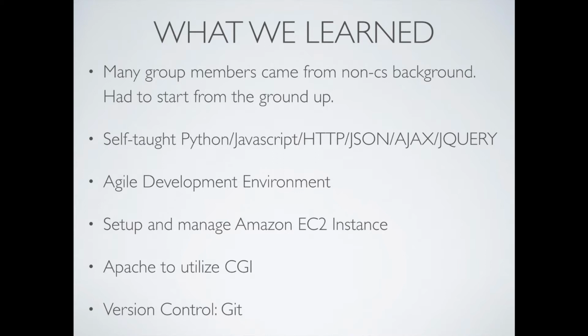And we've learned how to set up an EC2 instance to run the tree online so that the 3 of us can share the same tree and have the same visualization tool to use. And finally, we have learned how to enable CGI in Apache to make it accept server-side AJAX calls for the Python script.